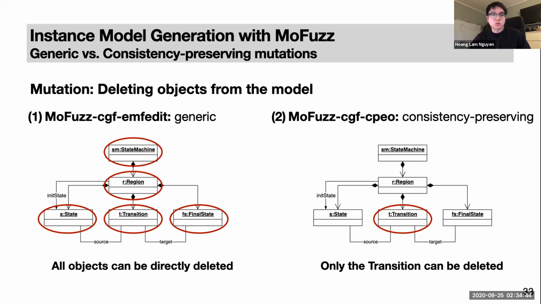If we illustrate this on our previous instance model, you can see that using generic mutations, it is possible to delete all objects in the model, even if they result in an inconsistent model, whereas using consistency preserving mutations, we are only able to delete the transition object as well as its references to the states.